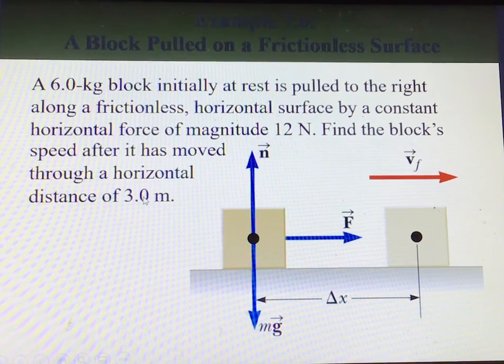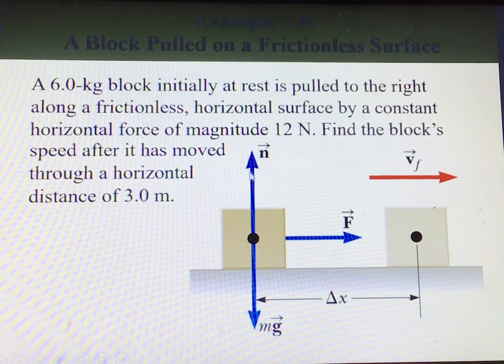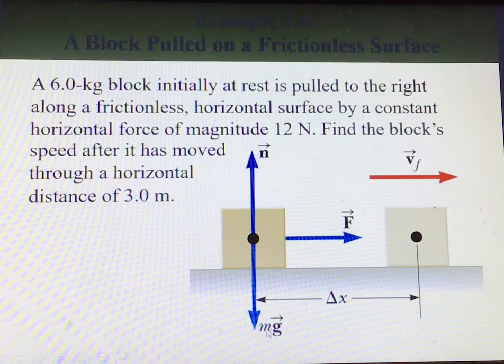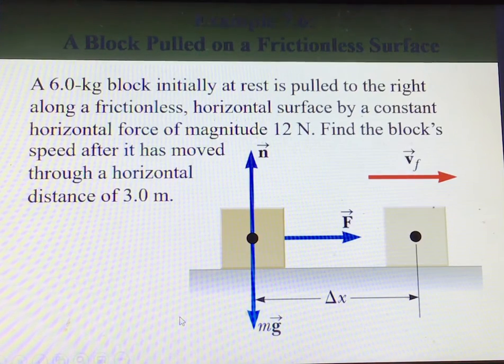So again, if you remember, because the normal force and the force of gravity are pointing in the y direction and the displacement is in the x direction, when I calculate the work, it is produced only by the applied force. The normal force and the force of gravity are not going to produce any contributions.